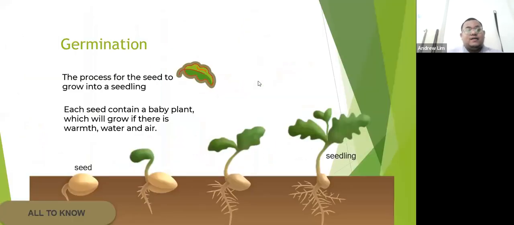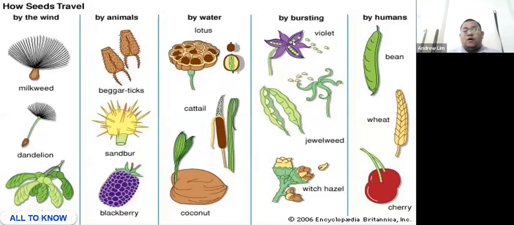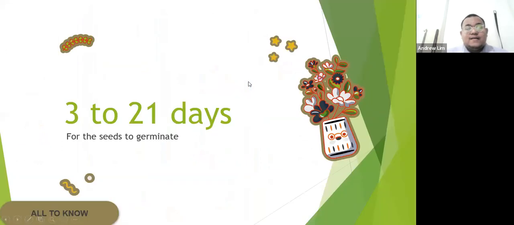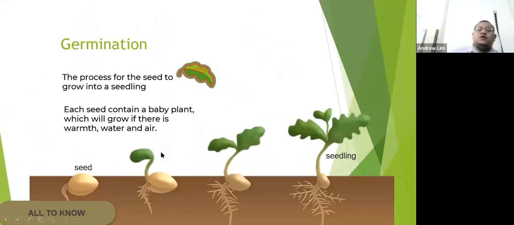All right. So I'm sure you guys know about this process called germination. We have covered this in lesson 3. So after the seed is transferred to a new location by wind or by animal or by water or bursting and so on and so forth, it will go through a process called germination.